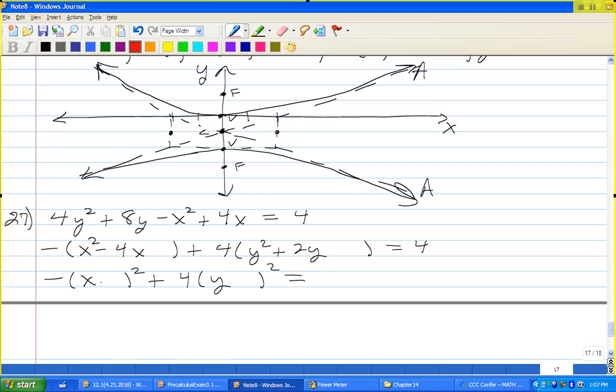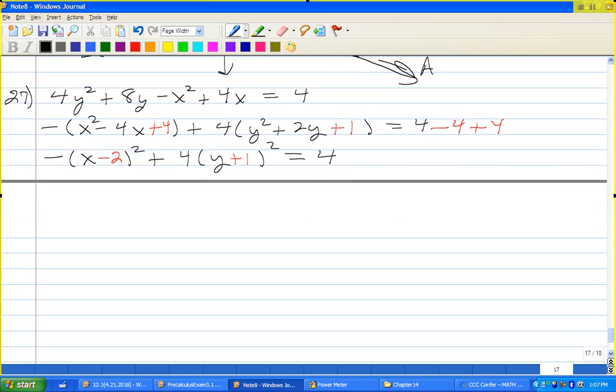Negative 4 divided by 2 is negative 2 squared is 4 times negative 1 is a negative 4. 2 divided by 2 is 1 squared, which is 1 times 4 is 4. So the 4's cancel. So you get equal to 4. Divide both sides of your equation by 4.